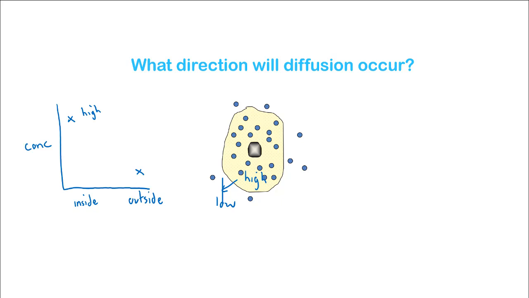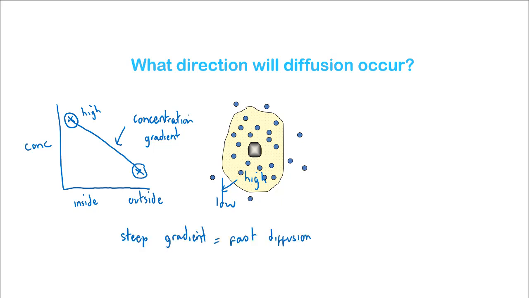So, in this case, if we joined up those 2 points, this would be our concentration gradient, which is the difference in concentration between the areas of high concentration and the areas of low concentration. Now, what we're saying here is the bigger the difference between high and low concentration, the faster the rate of diffusion. So, the steeper the gradient, the faster the diffusion.